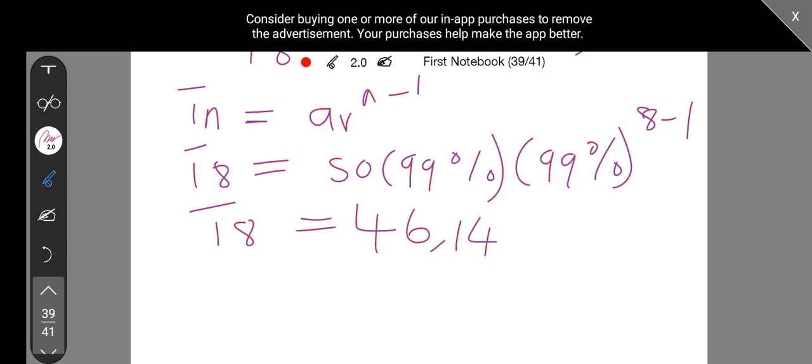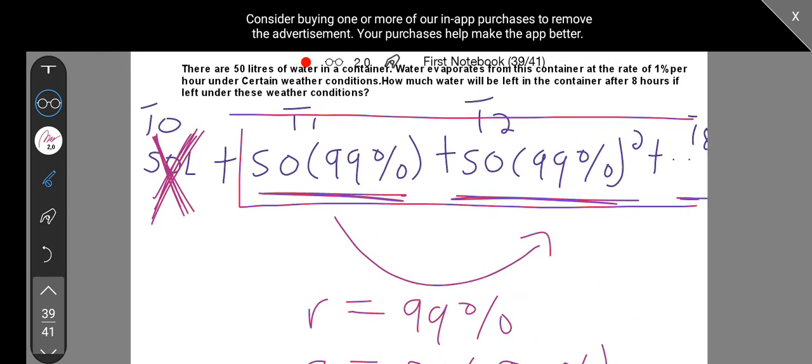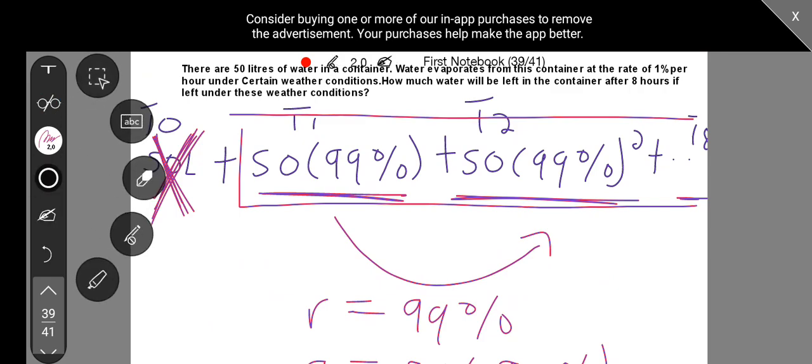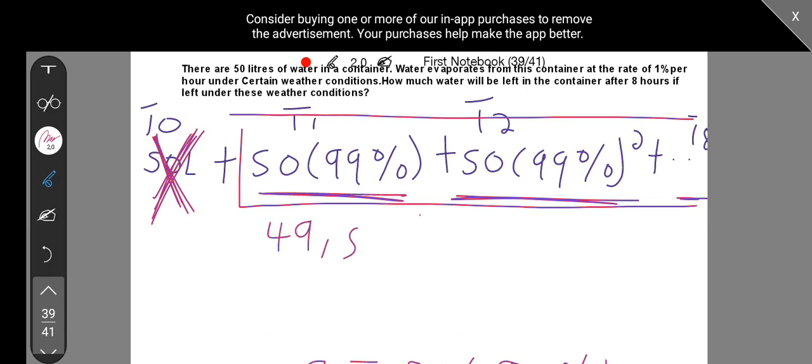So this is the amount that will be remaining in the container after 8 hours. On T1, if we say 50 times 99%, I want us to understand each other clearly here. No one should be left in suspense. At T0 we had 50. At T1 we say 50 times 99%, and we get 49.5. Then let's see what we will have after the second hour.